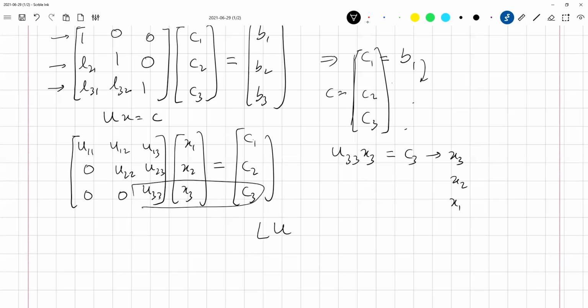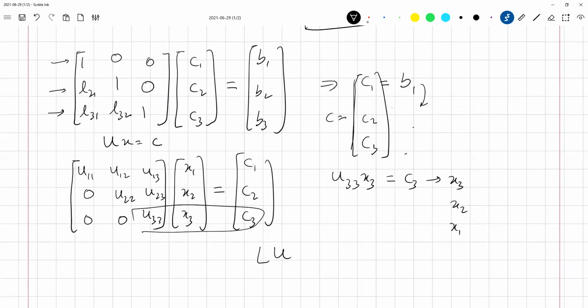Anybody has any questions? Do you understand this? Like we normally do in Gaussian elimination, you start from top to bottom and then go from bottom to top. Similarly here, in the case of the LC is equal to B equation, we go from top to bottom, and then we go back from bottom to top.